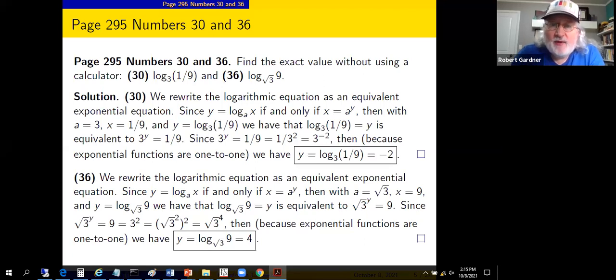And we had denoted by y the unknown log base square root of 3 of 9. So the value of that log function must be 4, since that equals y and y equals 4. So it's simply a matter of the very definition of the log function and manipulations of that.